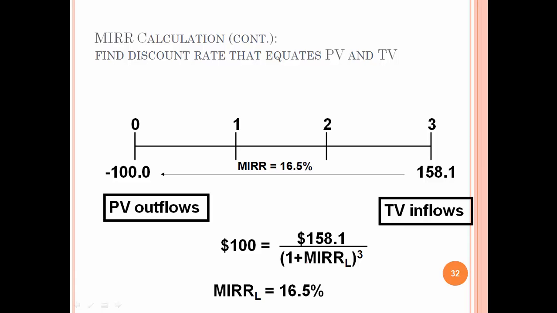If we try to find this discount rate, this discount rate is the modified IRR we are looking for. You can use 158.1 divided by 100, take the third root of it, and then minus 1, and you get 16.5%. Of course, you can use your financial calculator or Excel to solve for this discount rate, and either way, you should get 16.5%.